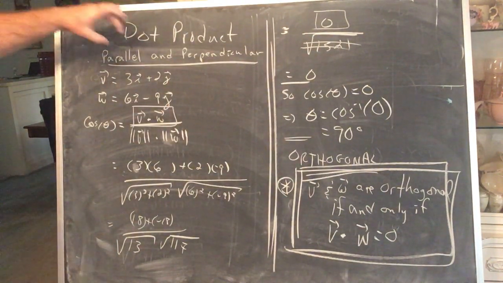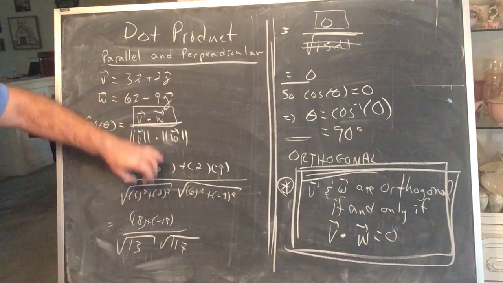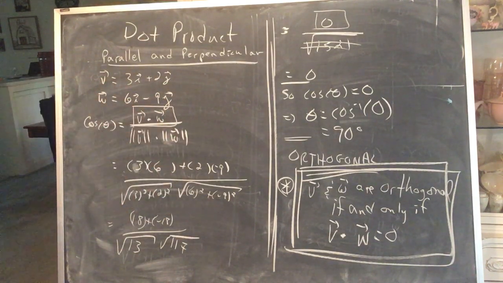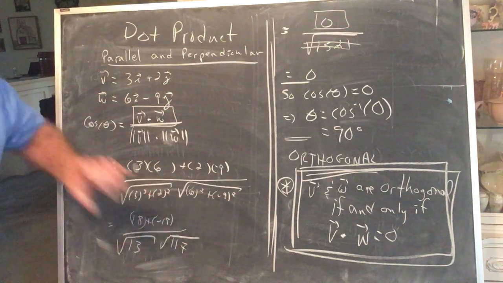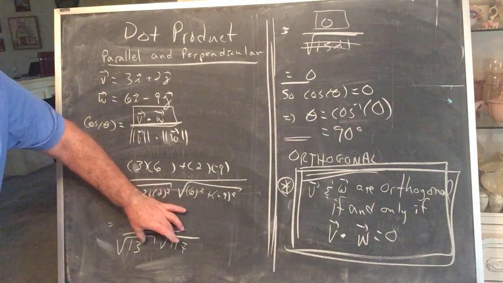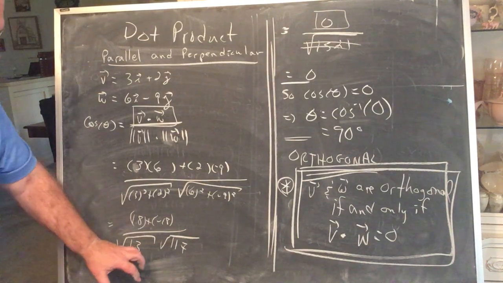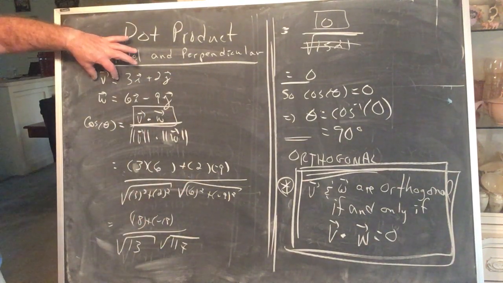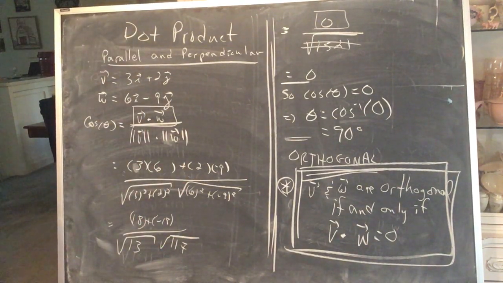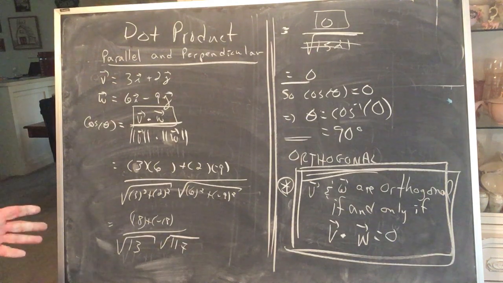Now what that means is this: if you're doing this computation and you see the numerator works out to be 0, then you may stop doing the denominator. The only way the denominator could equal 0 is if one or the other of these original vectors is the 0 vector. But remember that when we talk about the angle between vectors, we are eliminating the 0 vector to start with.